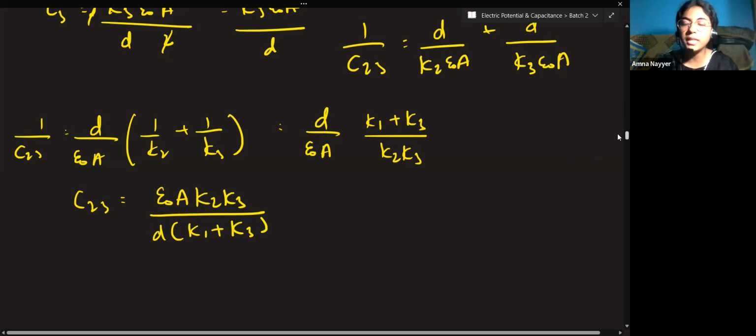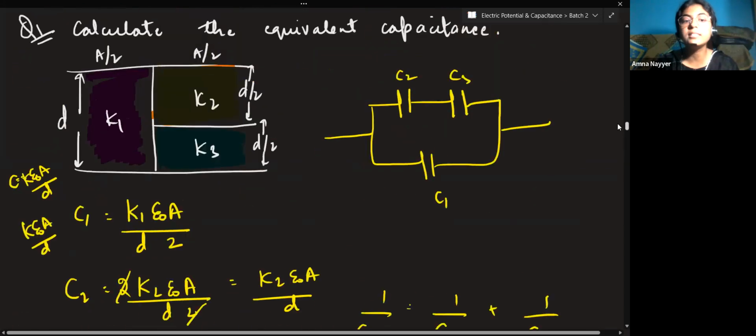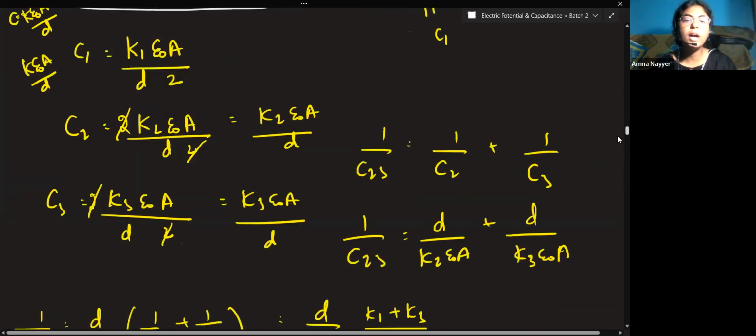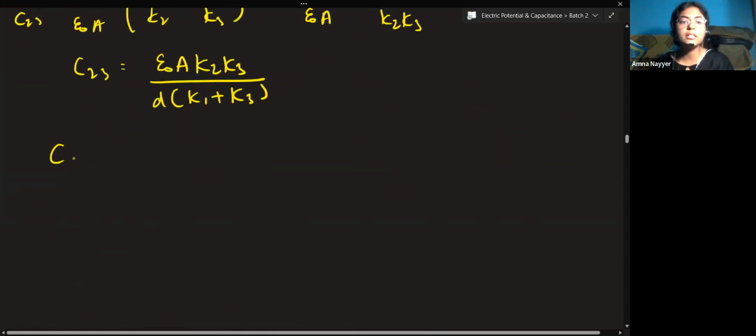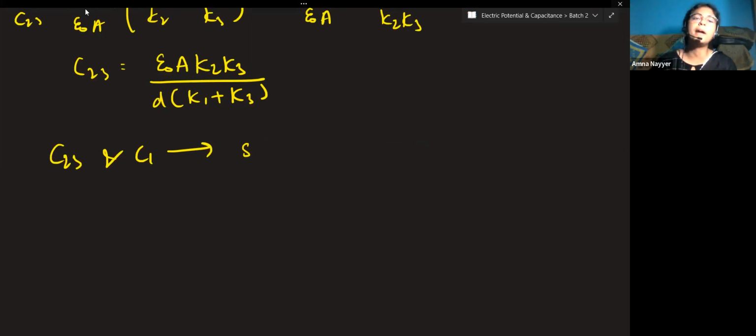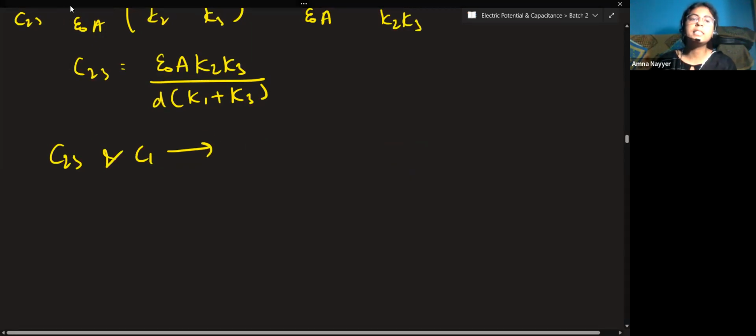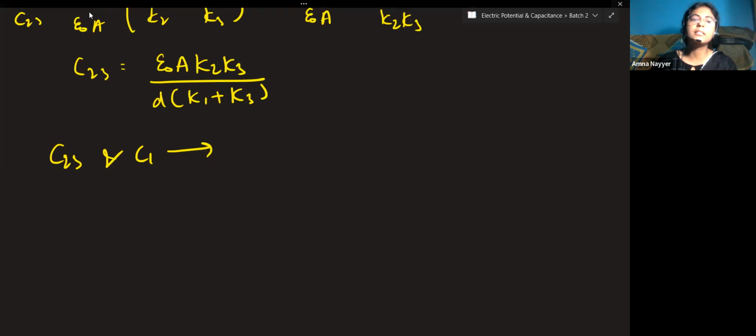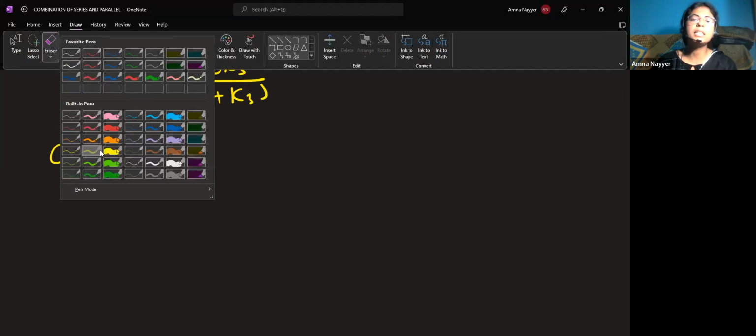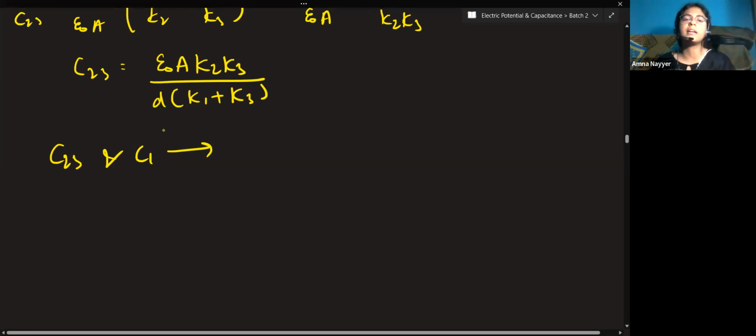This is not your complete C equivalent. You have to add C1 as well. Why do you have to add? Because C23 and C1, these are connected in series now. No, they are connected in parallel. C2 and C3 were connected in series. Now their resultant is connected in parallel.